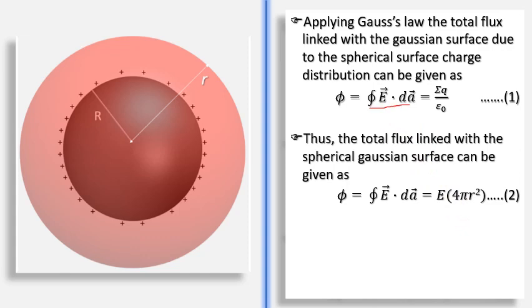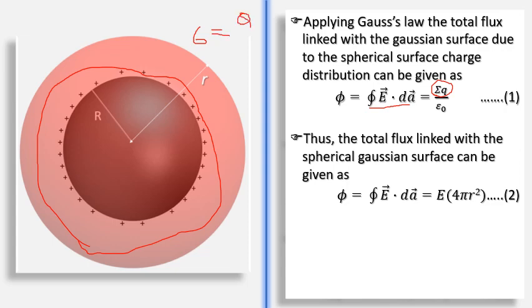What is left now? Sigma q. What is the charge enclosed by this Gaussian surface? This is the Gaussian surface, so whatever is the charge on the shell, that is the charge enclosed by the Gaussian surface. Now again I would like to remind you that sigma is q by A. You have two options here.